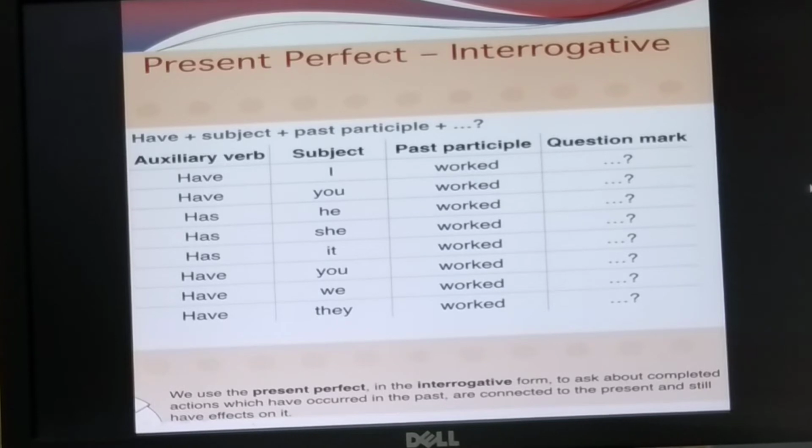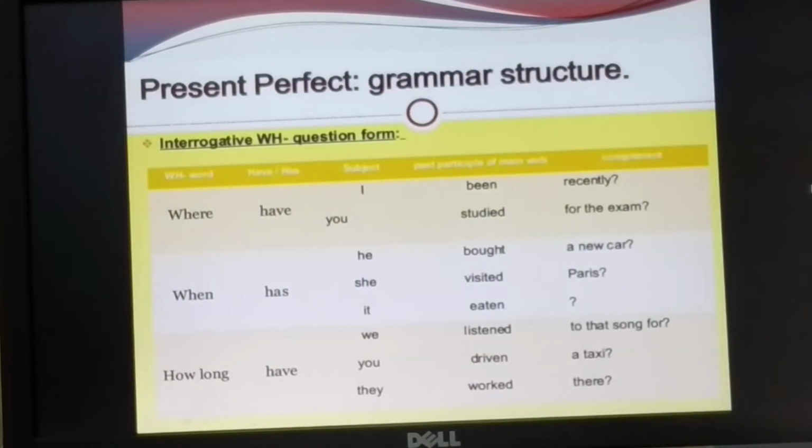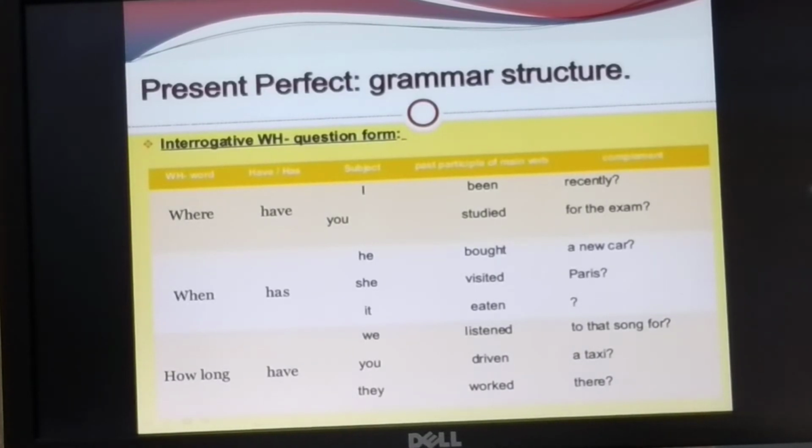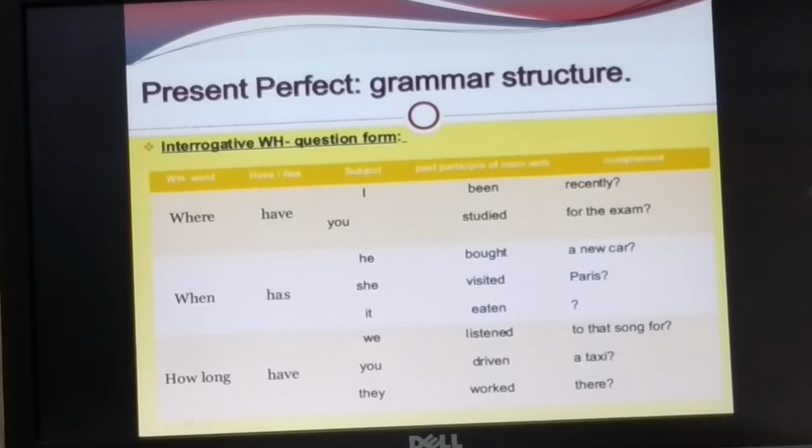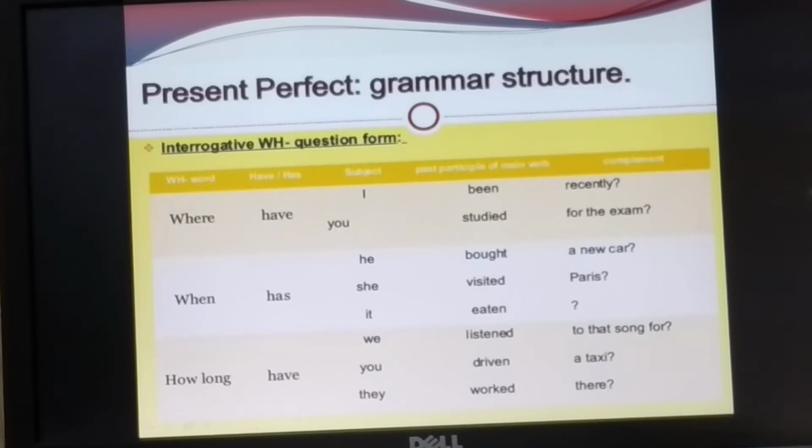Okay, now my dear students, we will know about the grammar structure. In case of WH question, what will we do? We will ask the question by putting the WH word at the beginning of the sentence, and the rest of the structure will remain the same as the interrogative sentence. For example, where have you studied for the exam?